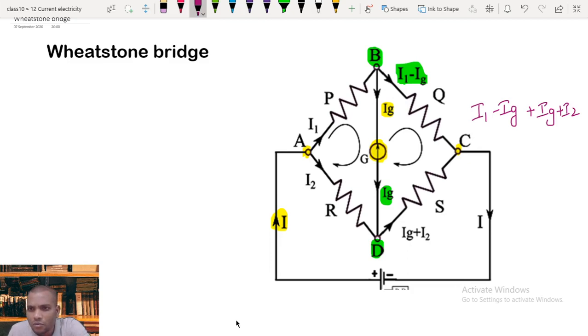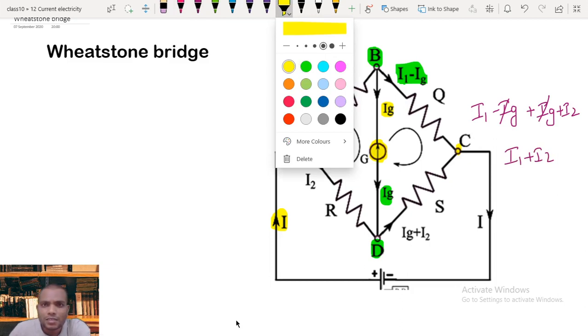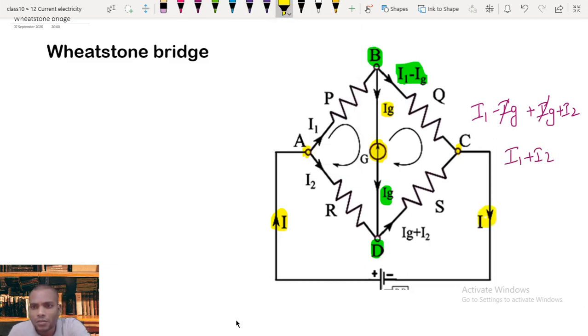Now if you combine this, IG cancels, so the remaining current is I1 plus I2, which is nothing but I itself. So the division of currents is very crucial for writing the expressions in the given arms.